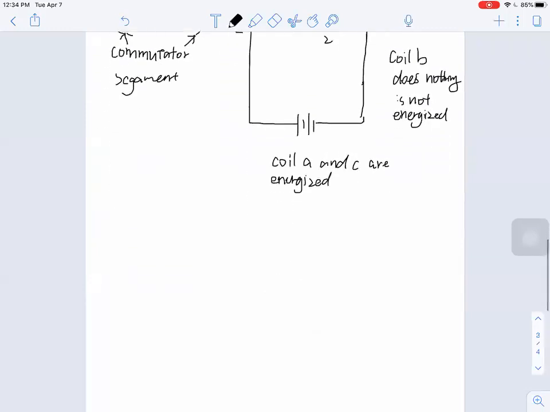So next, I'm going to talk about the brushed DC motor equation.